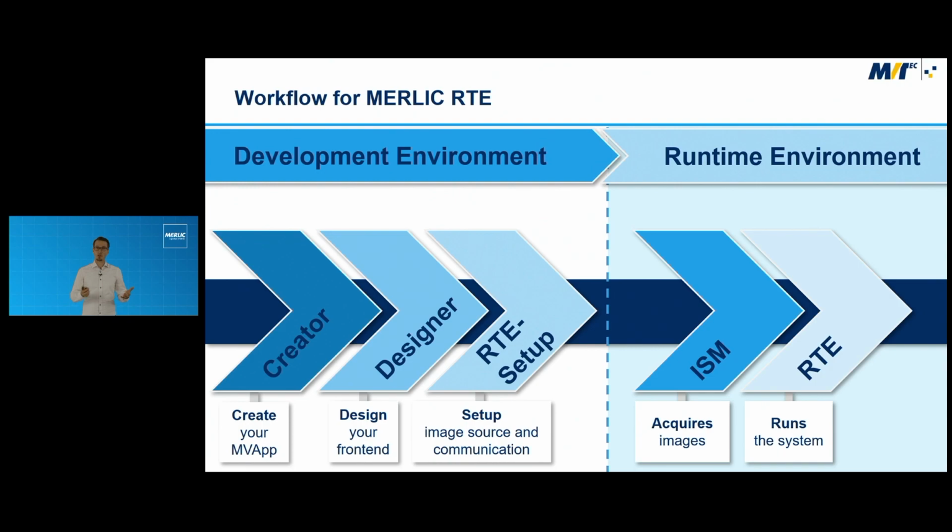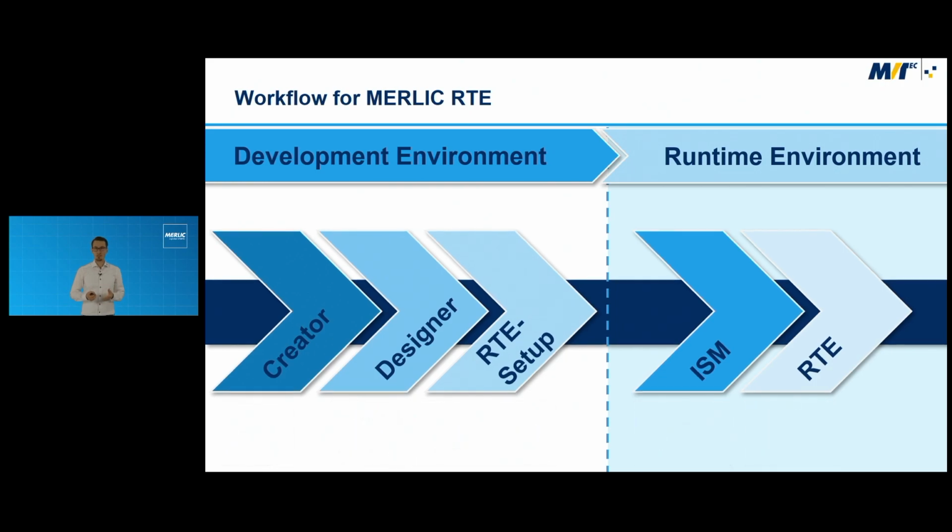In short words, we're talking about the development environment. And on the right side, we have our ISM, which is the short form of Image Source Manager, which is acquiring the images on the runtime environment, and the MERLIC RTE, which is executing the MV app and communicating to the PLC.